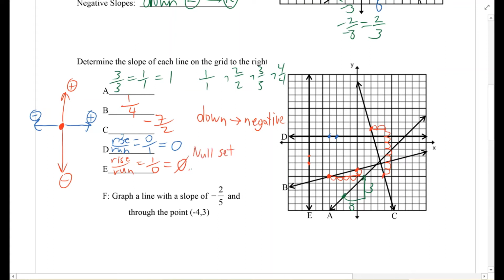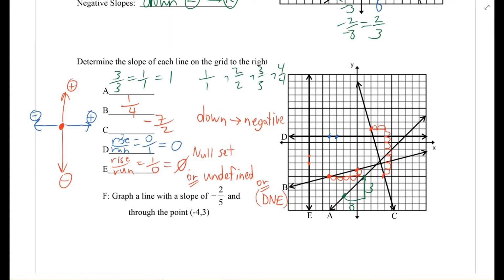Okay. Or you can say that it is undefined. And undefined is probably the more common one. Or you can say it does not exist. This one is more rare. You don't see that too often. Most teachers will use a null set or undefined.